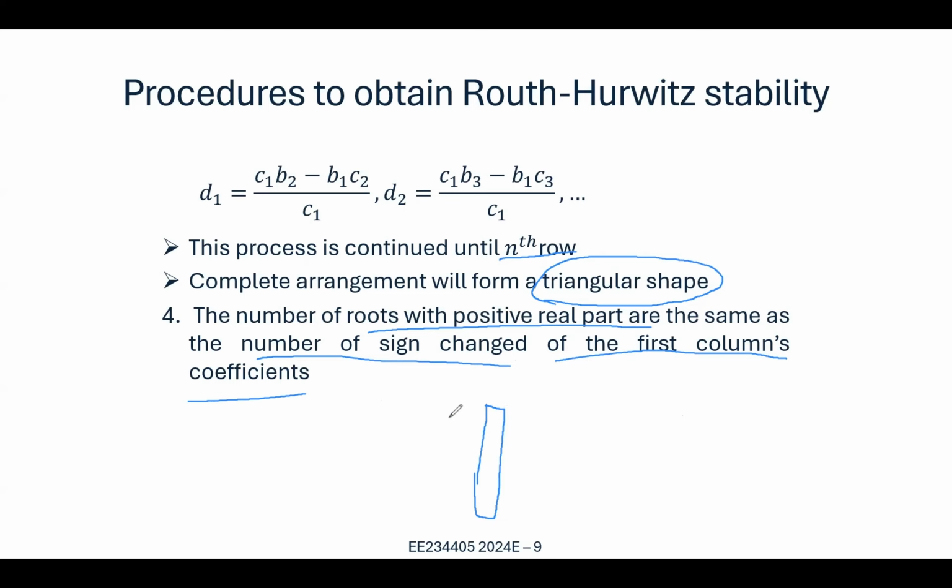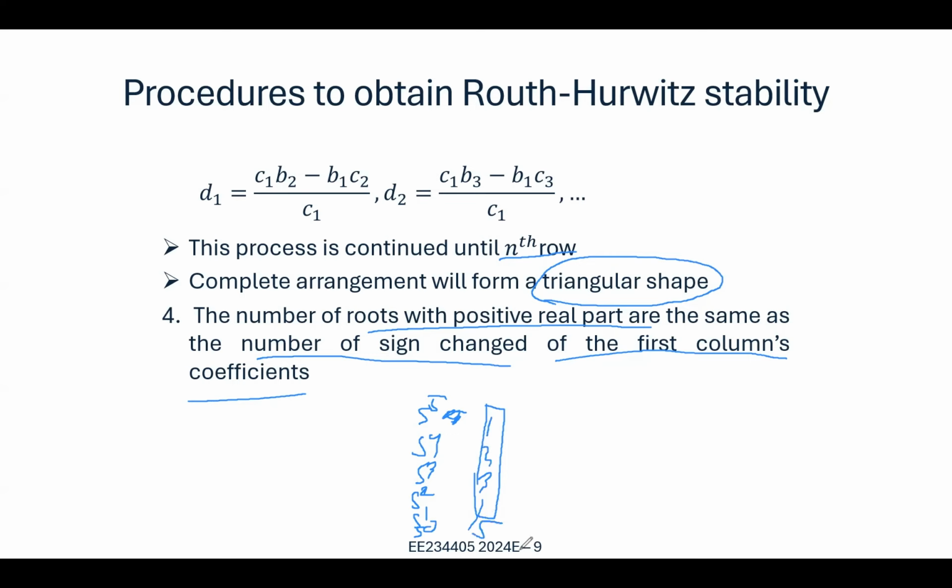So for example, say this is s to the power of 5, s to the power of 4, s to the power of 3, s to the power of 2, s to the power of 1, and this is 0. So we want the coefficients here to be, let's say, 1, 2, 3, 1, 5, for example.